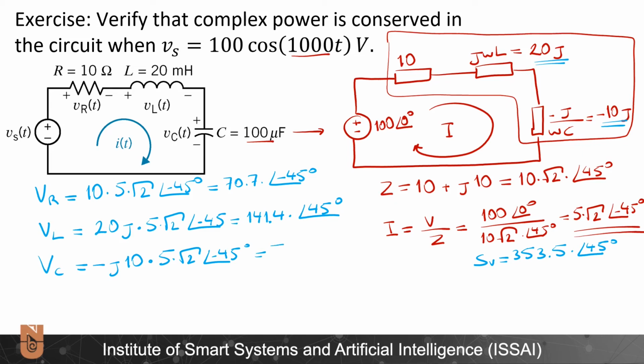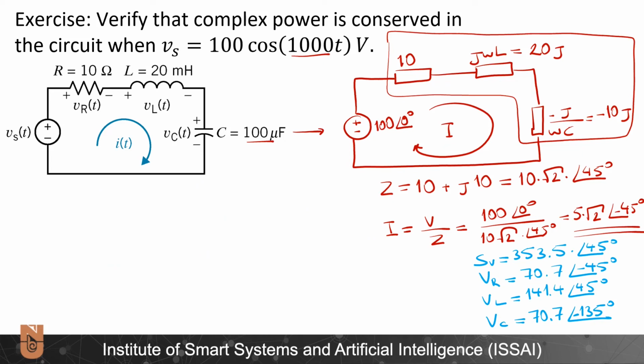Accordingly, 70.7 at minus 90 minus 45, which is minus 135 degrees. Now I found the three voltage phasors, and I can use these plus the current I in order to find the complex power absorbed by each of these elements.